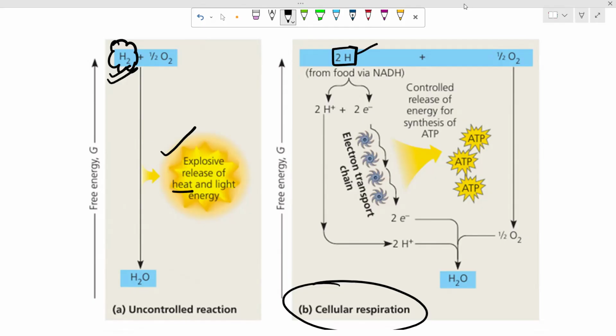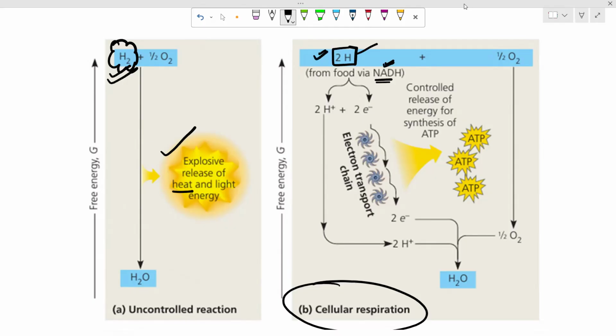Please read NCERT very carefully. The redox equivalent means hydrogen atom. We are removing it from the food, meaning from the glucose, and giving it to NAD, which is our coenzyme containing the vitamin niacin, an important electron carrier.